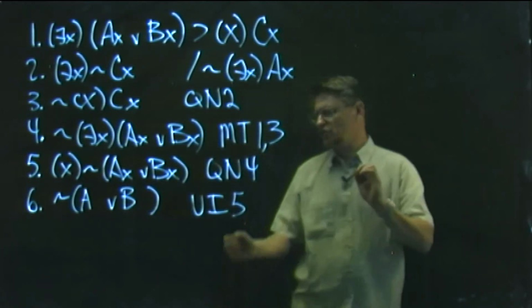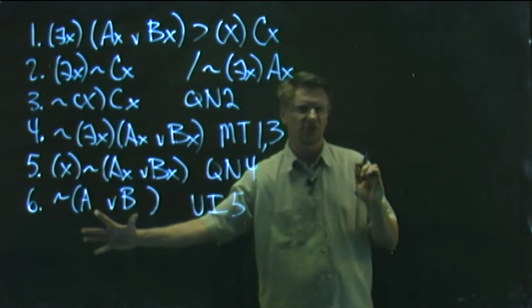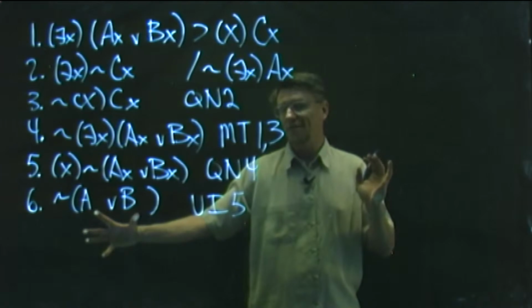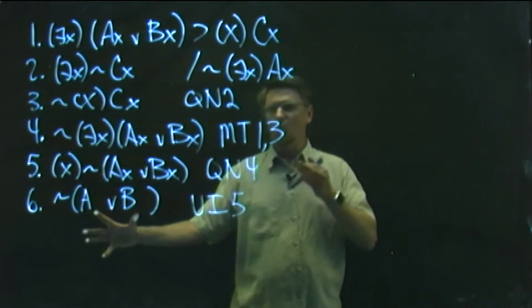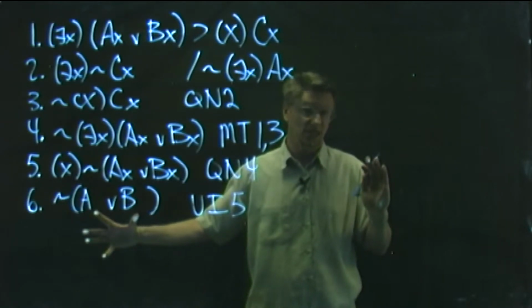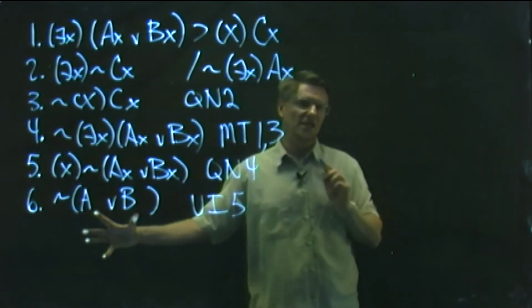There we go, universal instantiation of 5. Now, I'm not done because I have to choose a letter here for universal instantiation, my lowercase letter. And again, that can be any lowercase letter, but we want to think about what should we choose, a variable or an individual constant. Now, going back to the conclusion here, we do have an existential quantifier, but note that the main operator of the conclusion is actually a tilde.